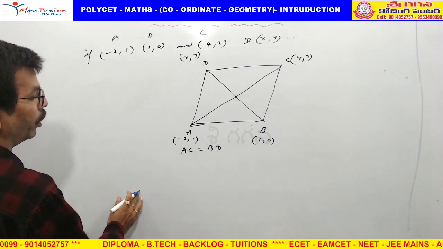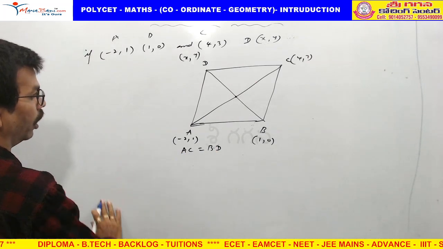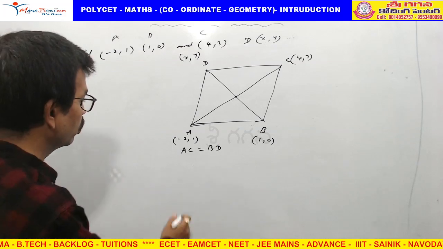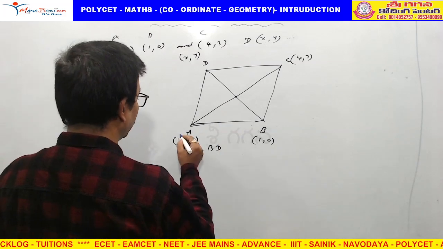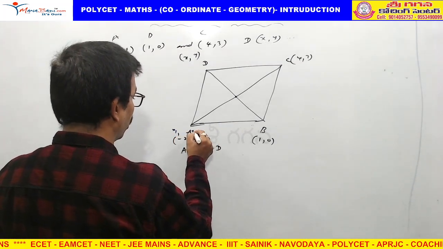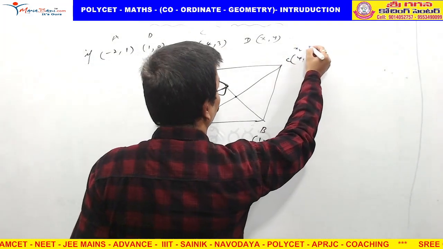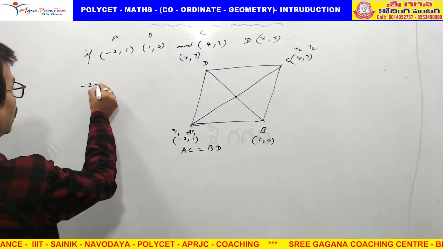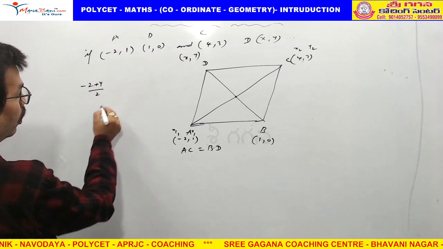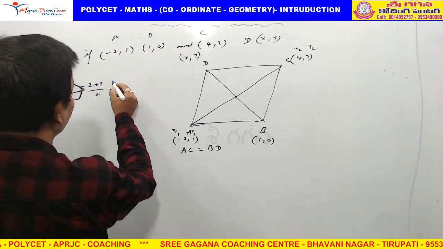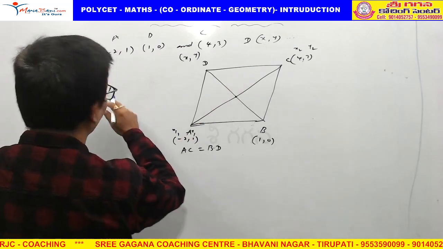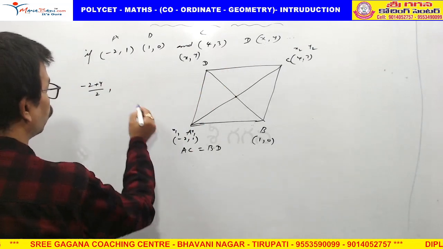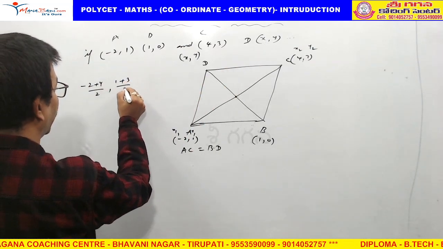Okay. So midpoint of AC, then how to write midpoint? Already I said x1 plus x2. So AC, if you take this is x1 now, this is y1, like that this is x2, this is y2. Then if you write (-2 + 4)/2 comma, next (x1 + x2)/2, (y1 + y2)/2, this is (1 + 3)/2.